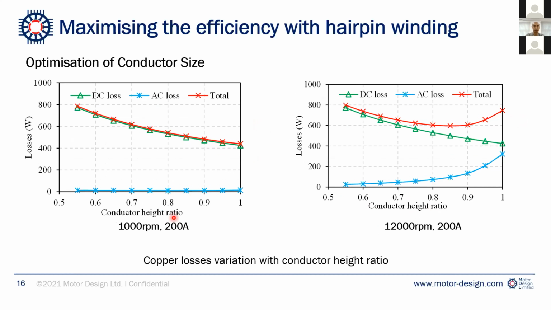And for the conductor height, we find a similar trend for the DC and AC losses at low speed, and at high speed the optimal value happens at around 0.85. So the conclusion is that it is not necessarily good to use a bigger conductor size for the hairpin winding.